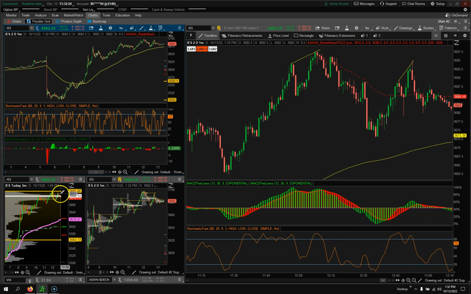Value area high, low, and then my point of control. This lets me know what's going on under the hood. If you've watched my previous videos, I call it the Holy Grail for me. I love this chart. And then down here, I have our 1 minute.